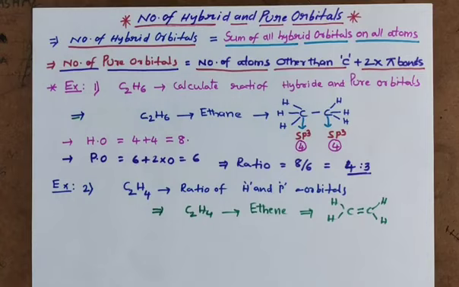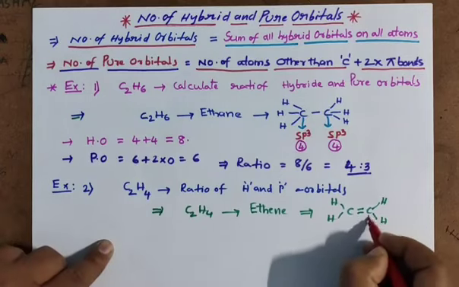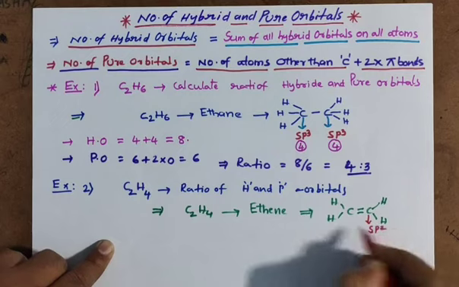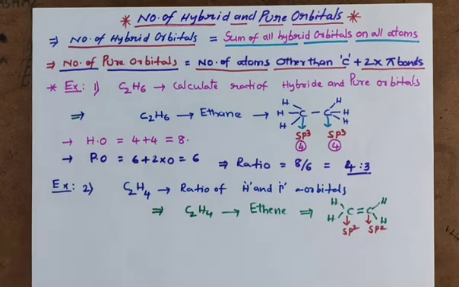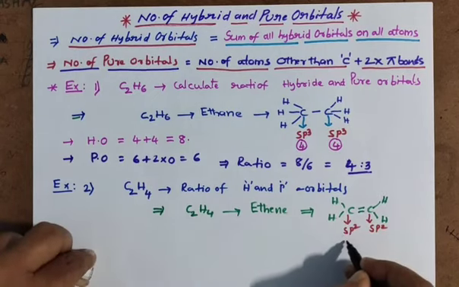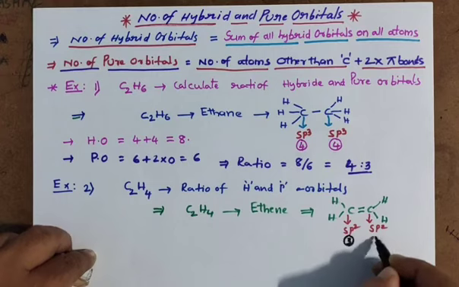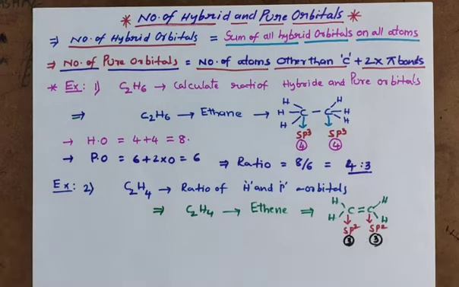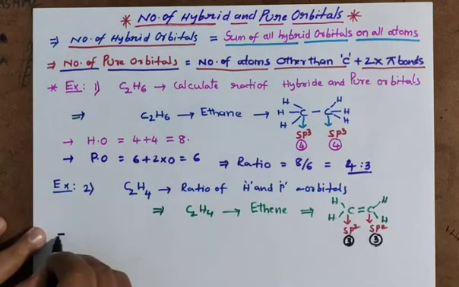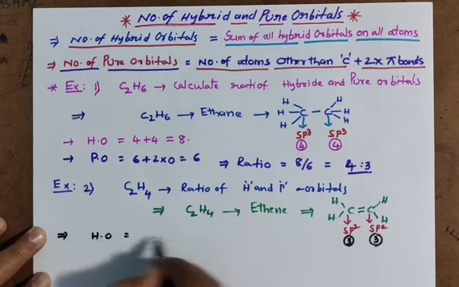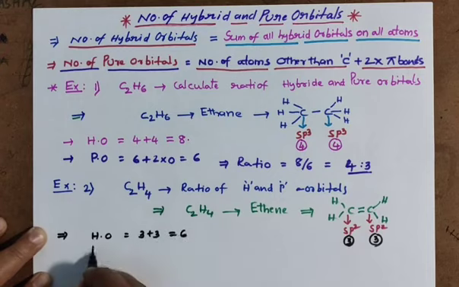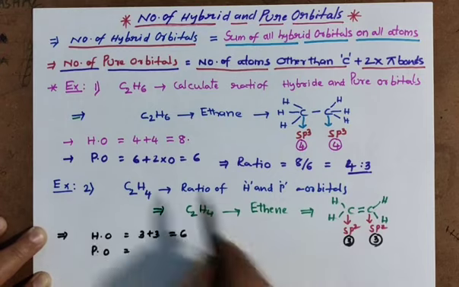See each carbon's hybridization. What is the hybridization? Double bond, sp2, and this is sp2. Both are sp2 only because of the double bonded carbon. Now sp2 means 2 p orbitals, 1 s orbital, 3 hybrid orbitals, and here 3 hybrid orbitals. Now hybrid orbitals are 3 plus 3 equal to 6. Now pure orbitals equal to, what is the formula?